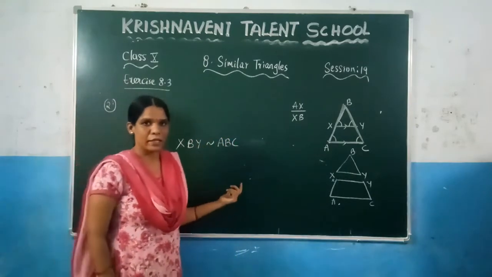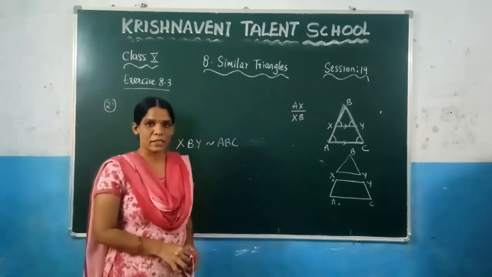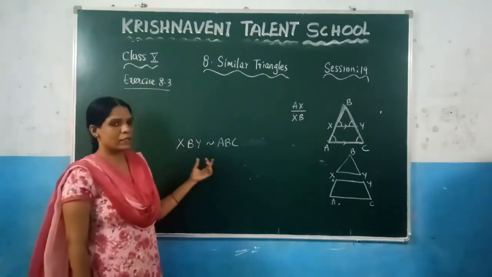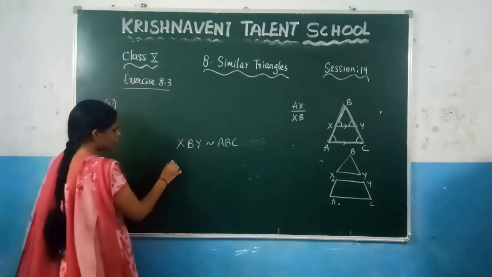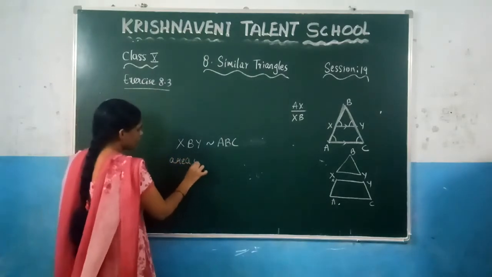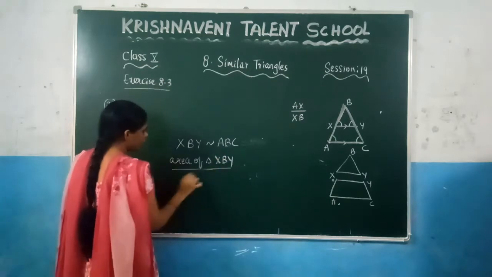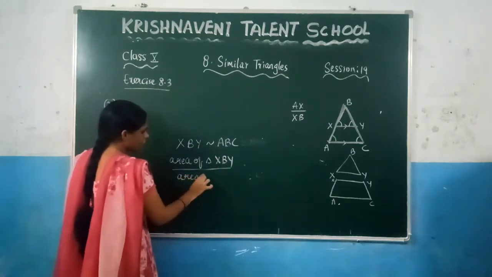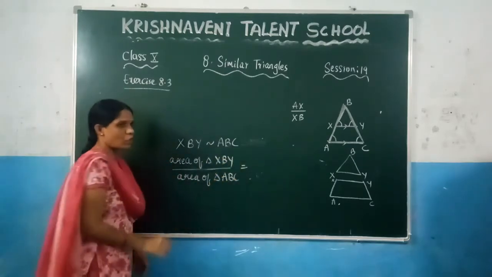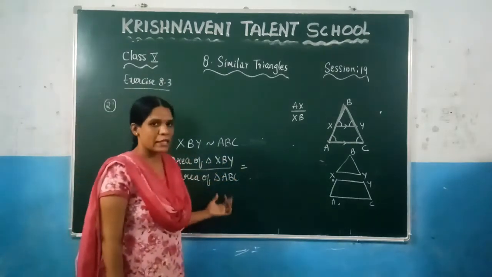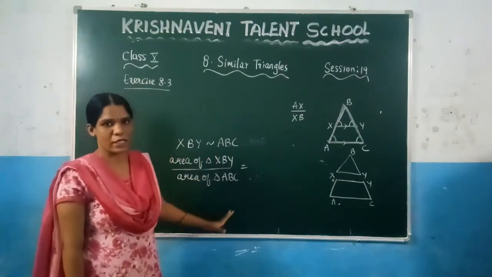Now you can apply the ratios of similar triangles theorem, because we got two triangles that are similar. Now you can take the ratio of the areas of these two triangles. So write here, area of the triangle XPY by area of the triangle ABC is equal to, what it states here, the ratio of the areas of these two similar triangles is equal to the square of its corresponding side.